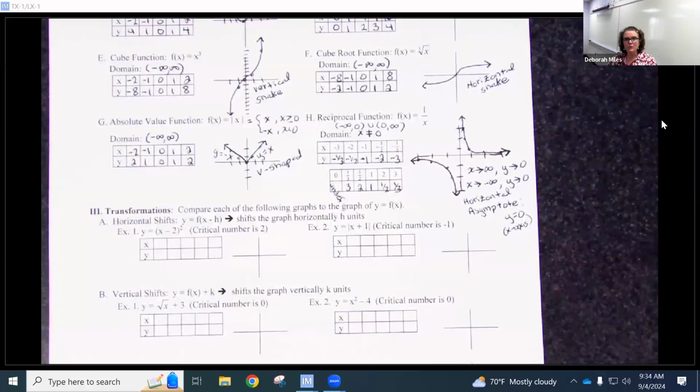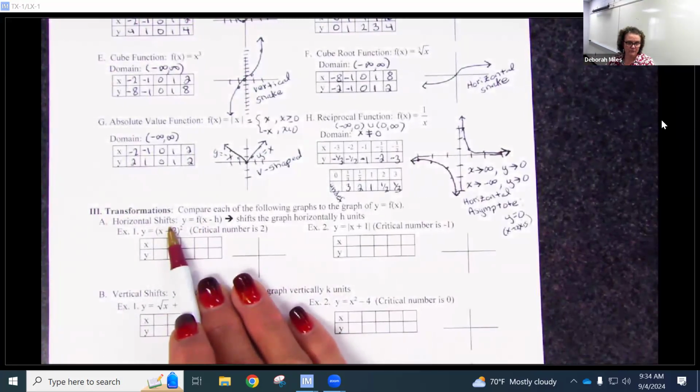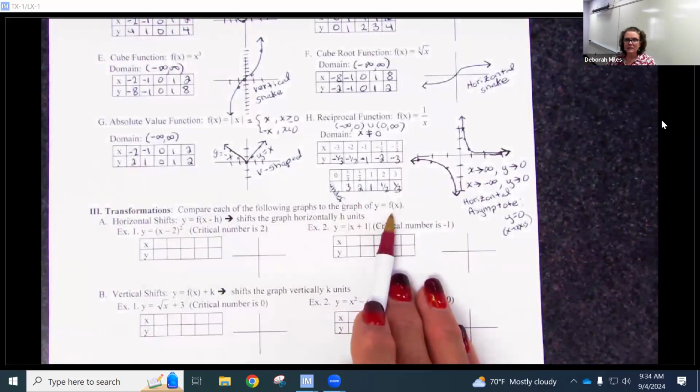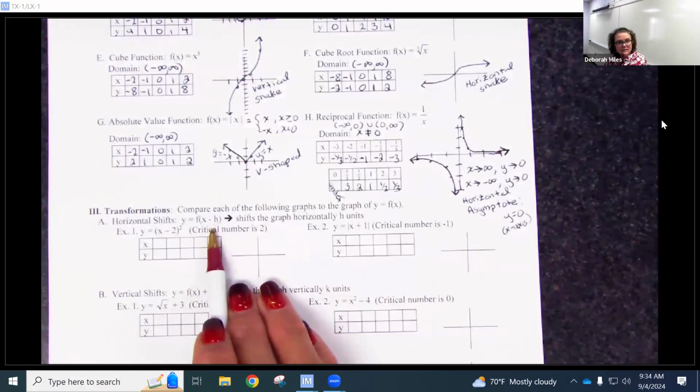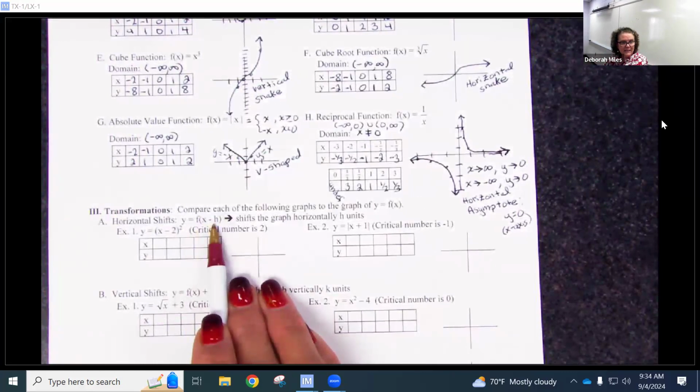You'll understand what moves a graph left, right, up, and down, or what flips it upside down. Moving a graph left and right, that's called a horizontal shift. If we start with some basic function, f of x, and we subtract something before we apply the function, what we've subtracted is our horizontal shift.